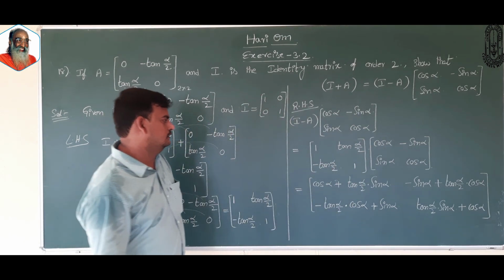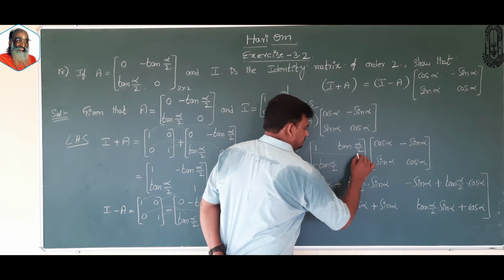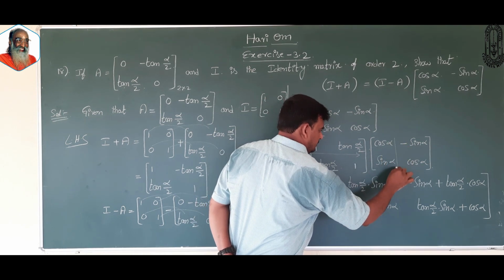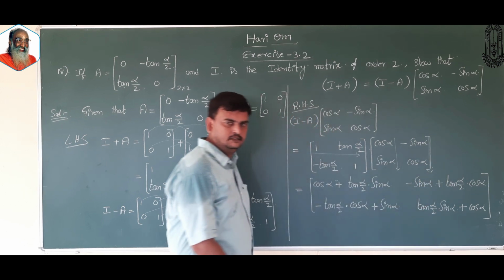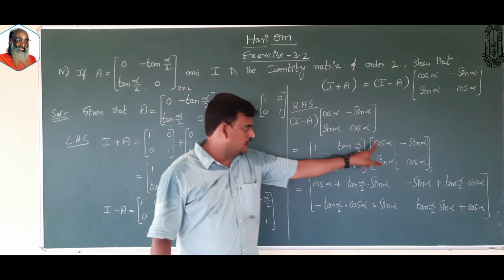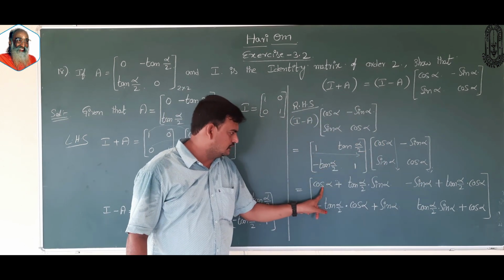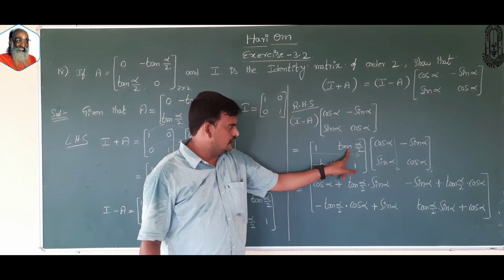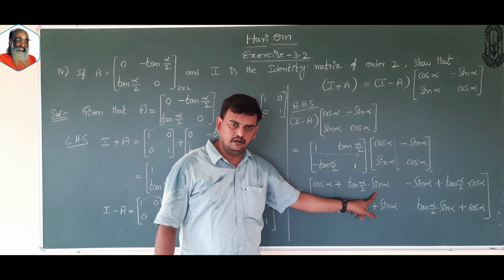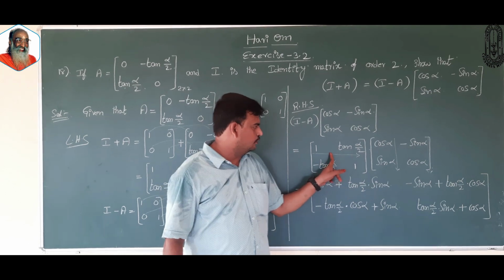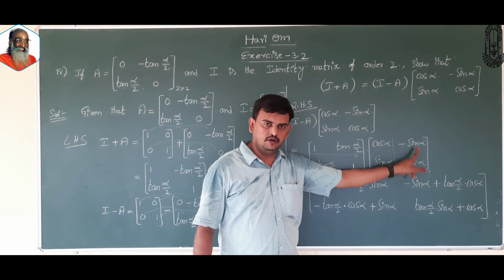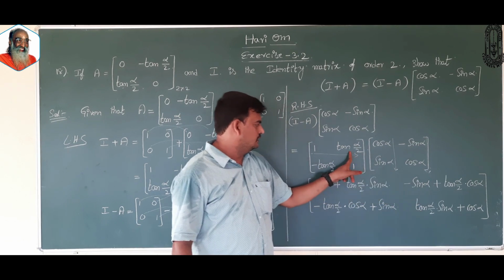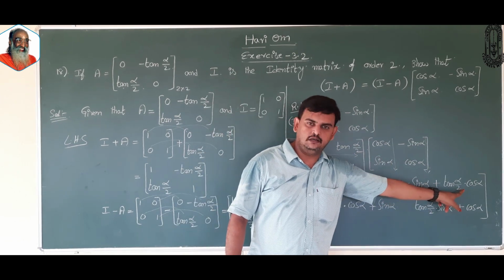As we know, row 1 elements will multiply with column 1 elements and also with column 2 elements. When we multiply, 1 into cos alpha plus tan alpha by 2 into sin alpha. Now row 1 into column 2 elements: 1 into minus sin alpha, plus tan alpha by 2 into cos alpha.